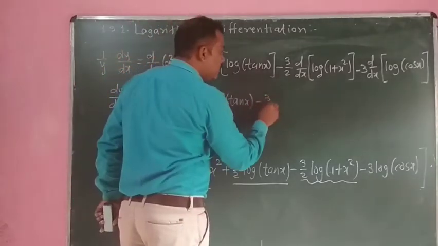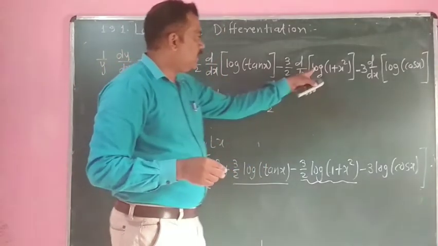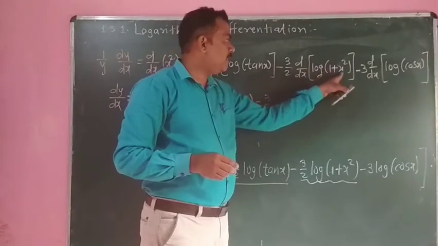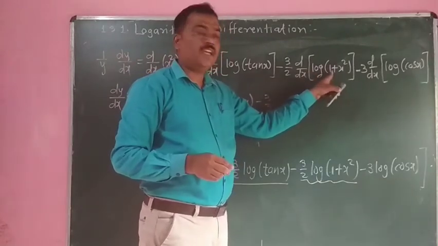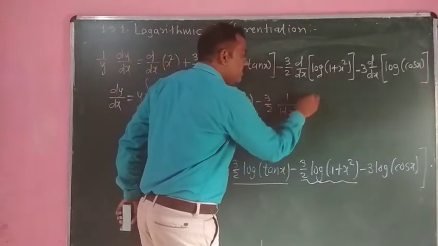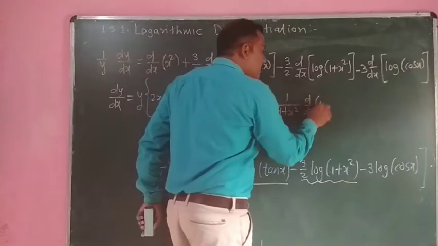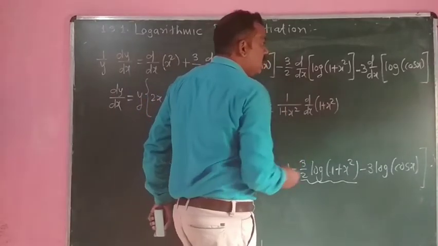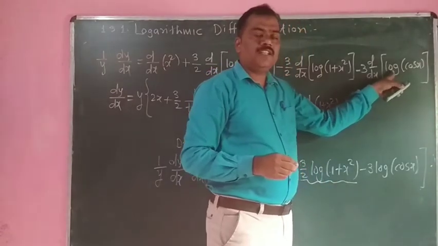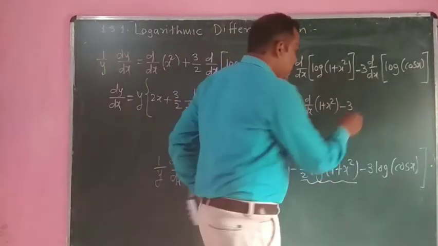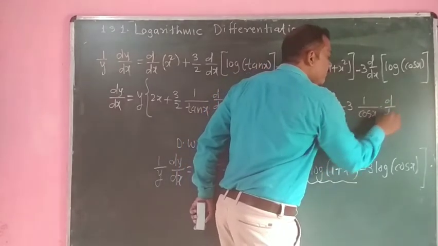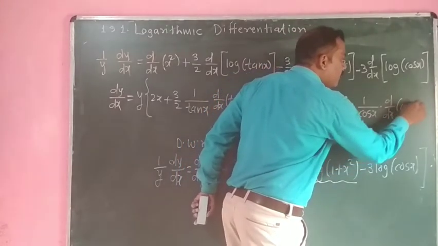Minus 3 by 2: here also we differentiate the log, 1 upon x. Instead of x we use 1 plus x square, that is 1 upon 1 plus x square into d dx of 1 plus x square. Minus 3 into, again keeping the finger on log, 1 upon cos x into d dx of cos x.